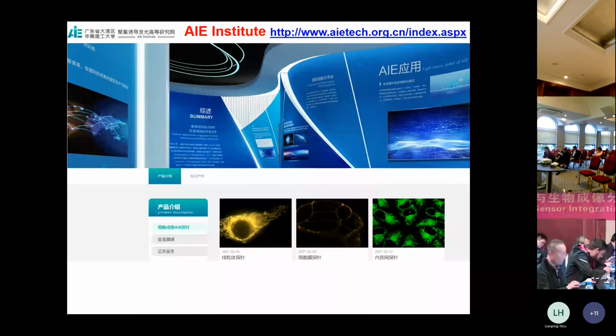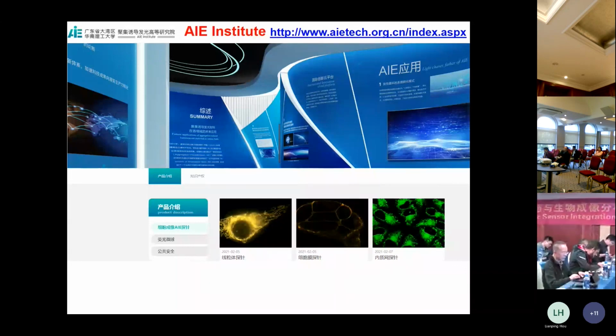So we can tune the brightness by changing the temperature. We can also change the color of the emission, because crystal normally emits in the blue region, while amorphous will redshift.